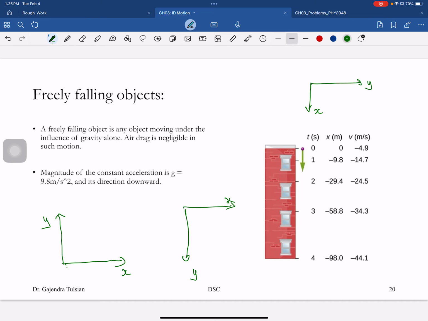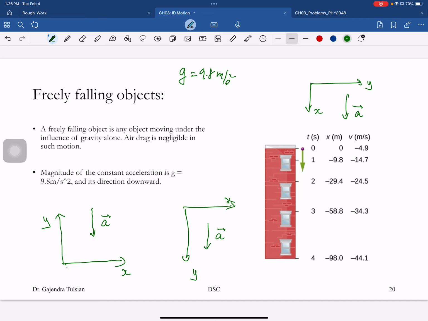So the acceleration due to gravity is a vector pointing in this direction. What is the magnitude of that acceleration? 9.8 meters per second squared. And g is 9.8 meters per second squared.